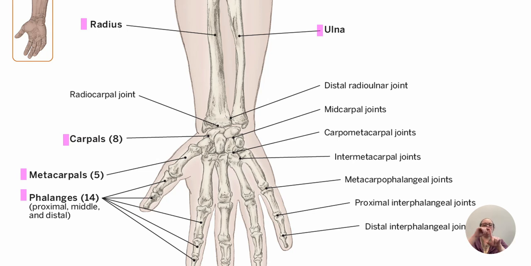So it's that last joint. Okay? And then so on. There's the proximal interphalangeal joint. And then here, where we got? Here's the middle. So you have your distal, your middle, and your proximal.